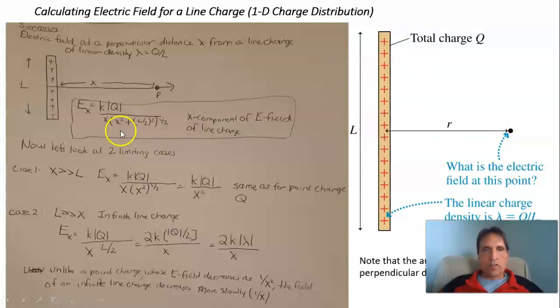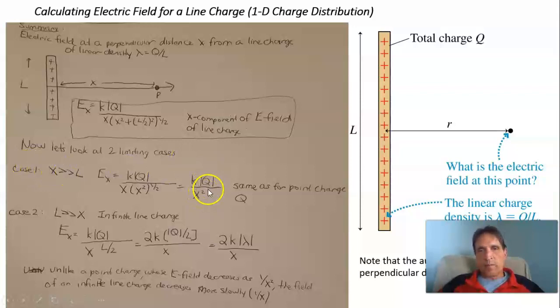And let's suppose it's so much larger that in this denominator, we can ignore L over 2 squared in comparison to x squared. So we're just going to ignore this. And so this denominator in this term here becomes x times x squared to the 1/2, which is another x. And we get that the electric field is kq over x squared.